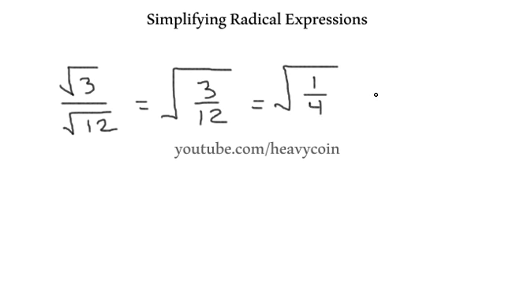Right? 3 goes into 12 4 times. But we can rewrite, and so we're left with a half. Reduces down to a half. Okay? I'll just go ahead and work this next one out right here.